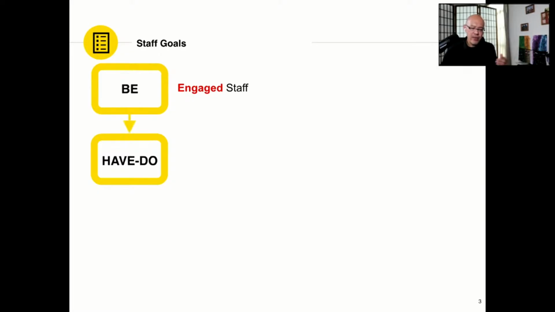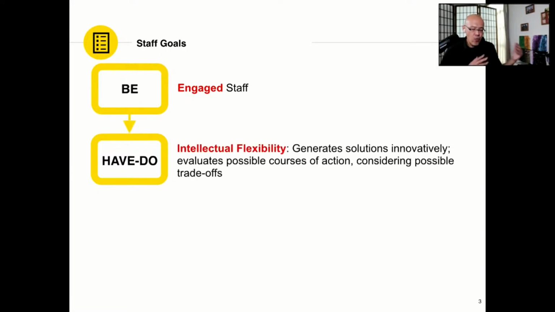And so the way to think about it again is to use the have and do. The words in red are the have, and the words in black are the do's. So we want our staff to have intellectual flexibility. Now, what does that look like when they have intellectual flexibility? Well, it looks like they are able to generate solutions innovatively, evaluate possible courses of action, and even consider possible trade-offs.